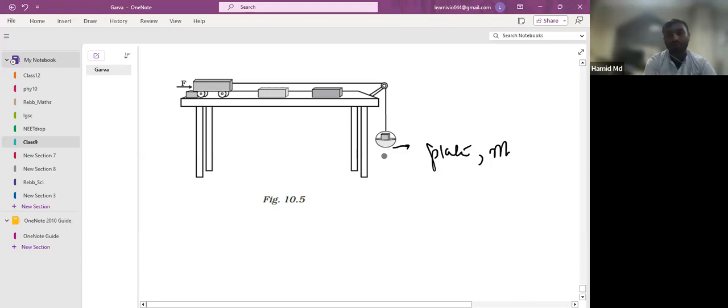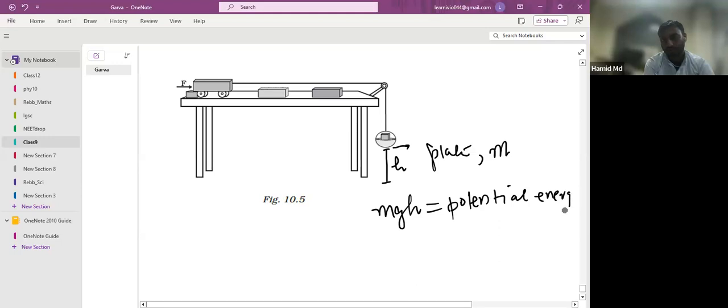If it is at h height from the ground, there will be potential energy, mgh. Suppose the acceleration of this block is 0.